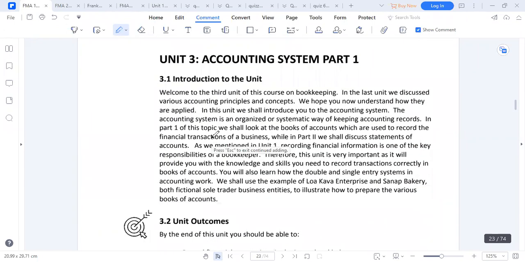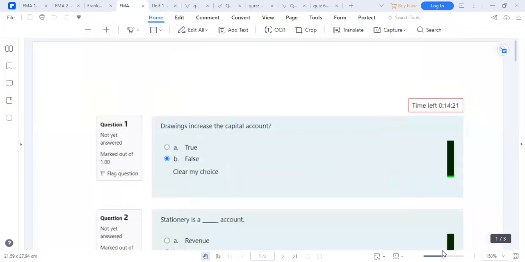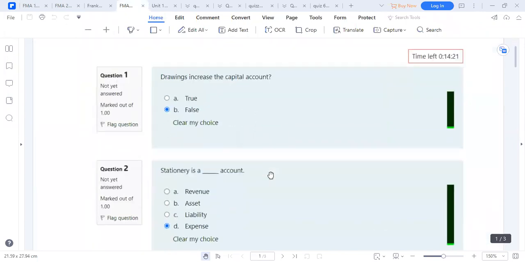All right. Let's go to the quiz that we had today. This is for the undergraduates. The drawings include the capital account. It's false because capital is on the what?